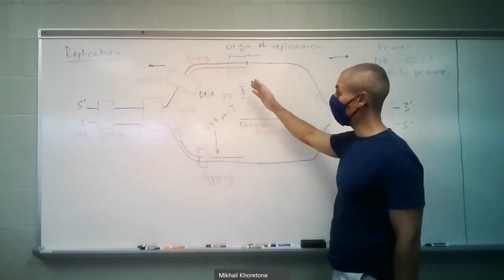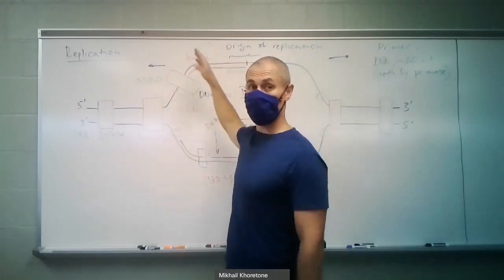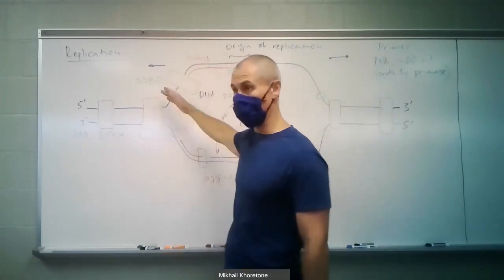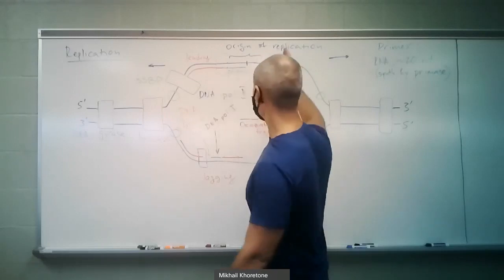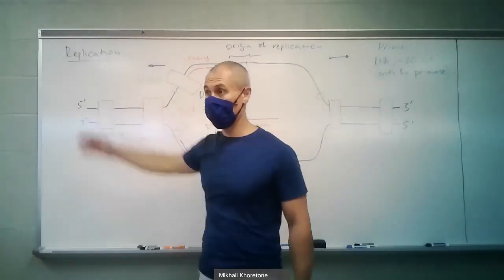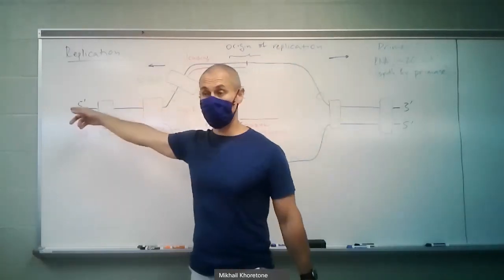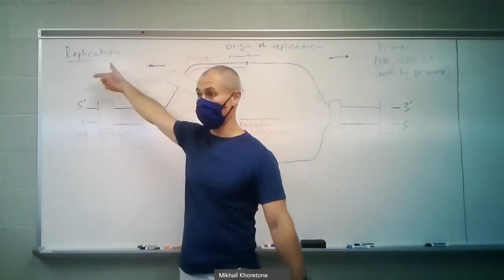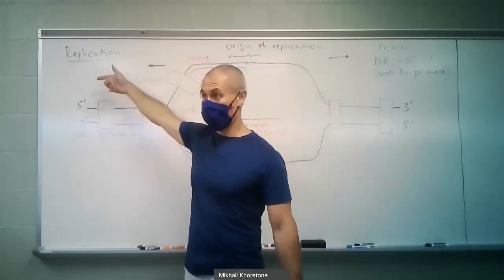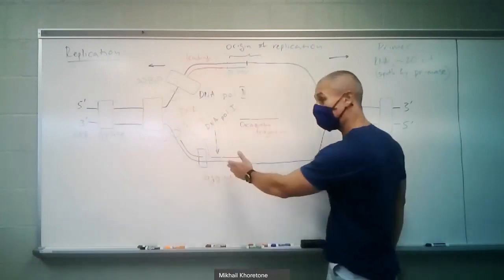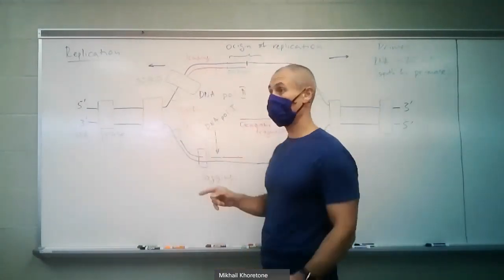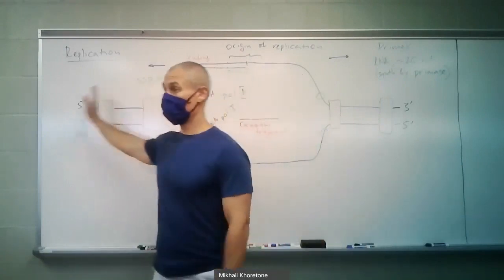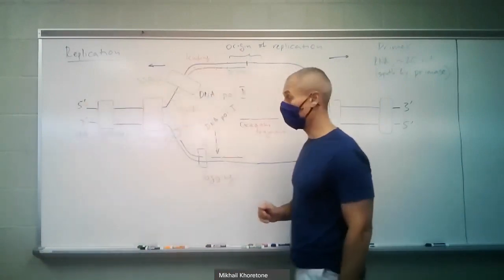DNA synthesis happens in an uninterrupted and continuous fashion on the leading strand because DNA polymerase 3 reads the DNA from 3' to 5', and the direction 3' to 5' matches the direction of replication fork movement. On the lagging strand, though, the 3' to 5' direction is opposite to the replication fork movement.